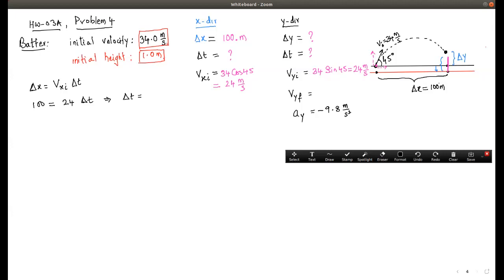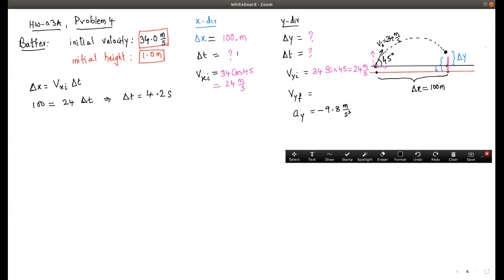That's about 4 point something. In the calculator, say it's 4.2 seconds. The units of time is in seconds: 24 meters per second, and there was 100 meters. Meters cancels out, and we have 4.2 seconds.